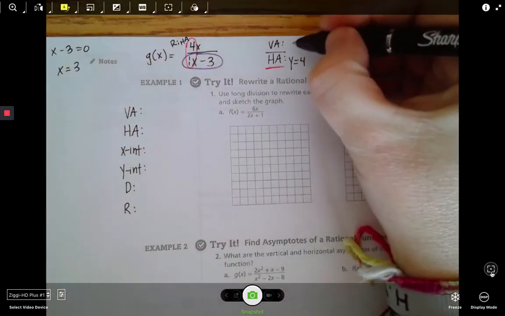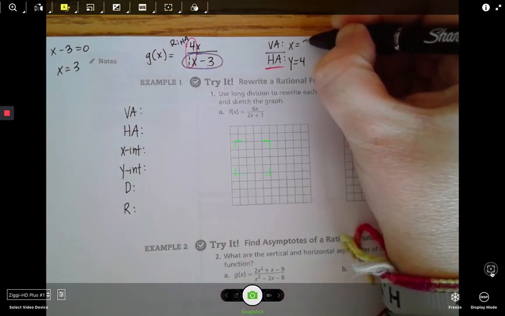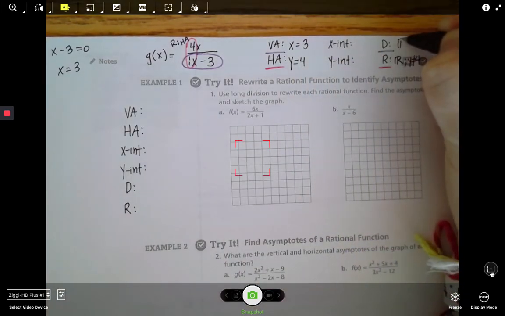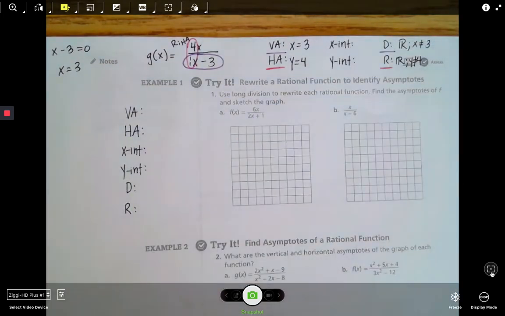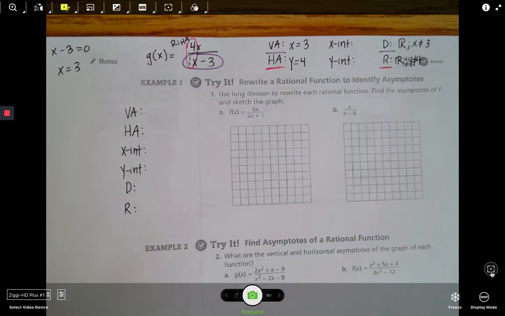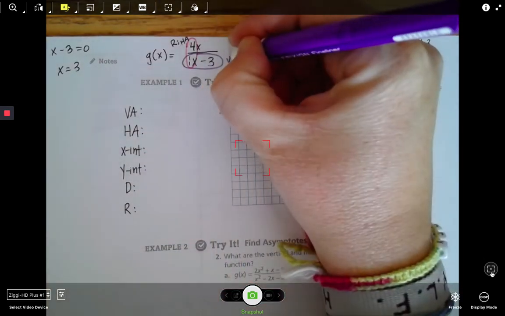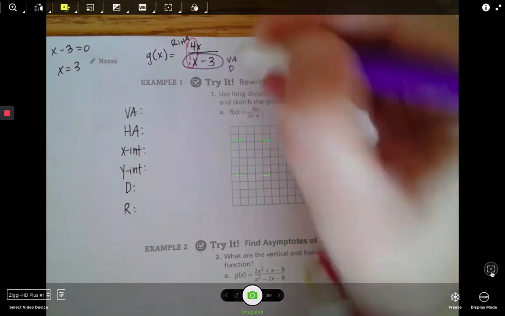So my vertical asymptote would be x equals 3. So that means my domain is all real numbers except x cannot equal 3. And that was our vertical asymptote and domain.